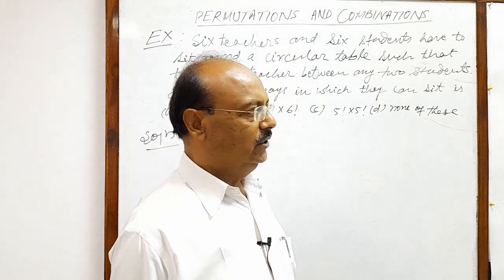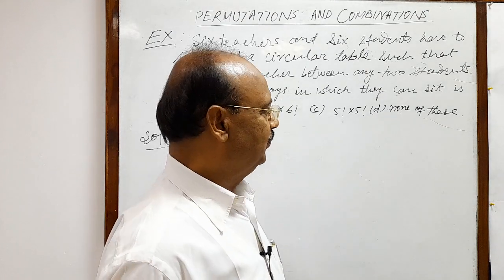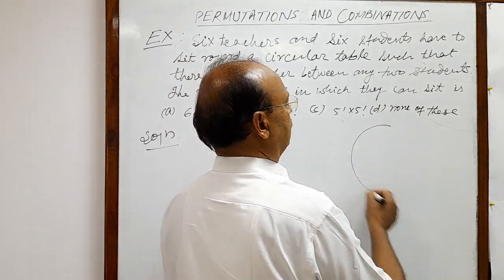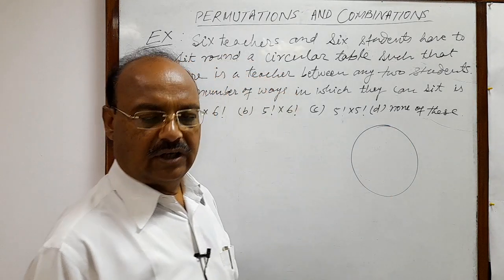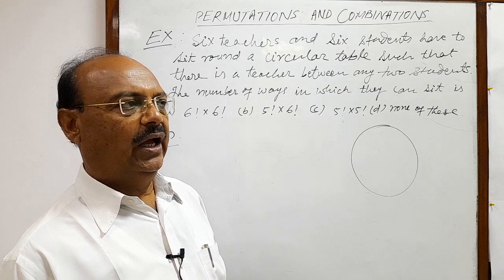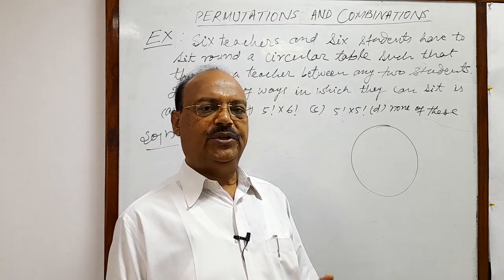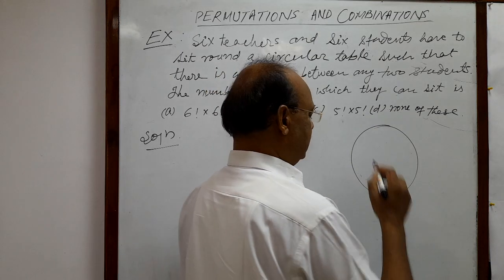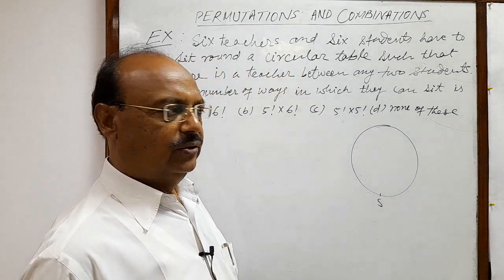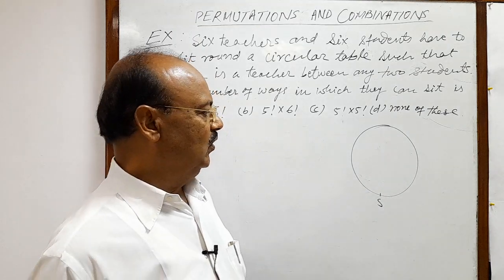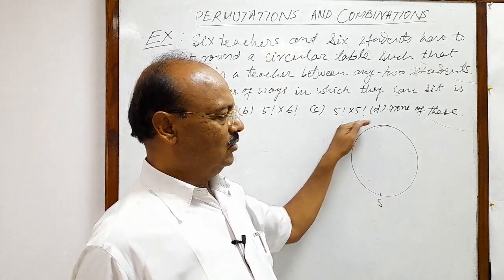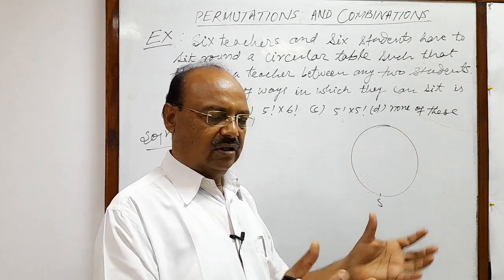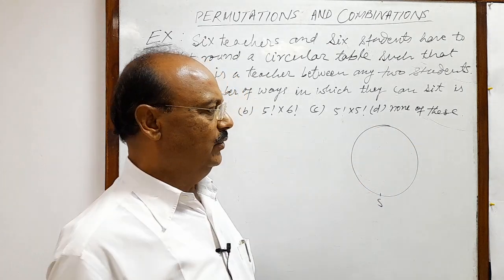First of all, you try to understand the situation. 6 students and 6 teachers have to sit along a round table, correct? And there is always a teacher between 2 students. So suppose any student takes any seat here, you have to be careful that any clockwise or anti-clockwise rotation of the same set of students and teachers makes no difference.